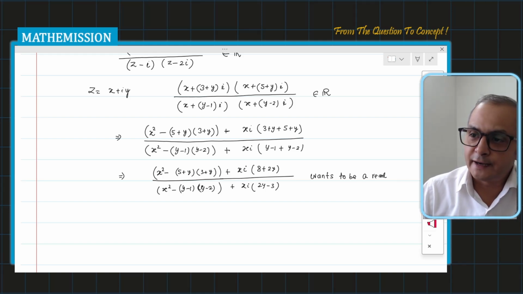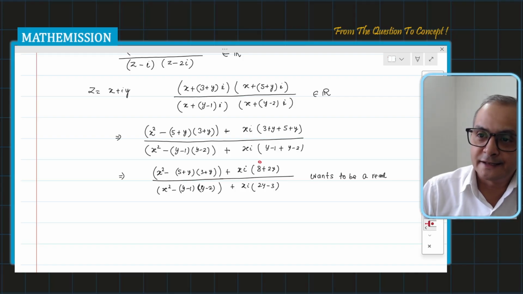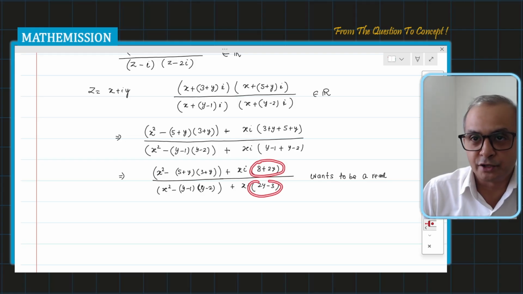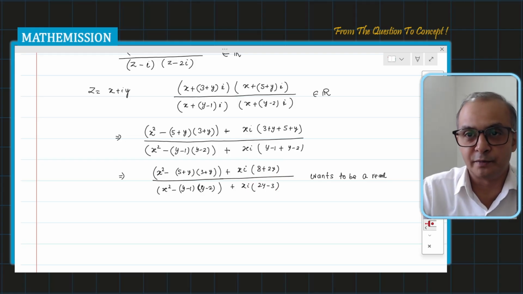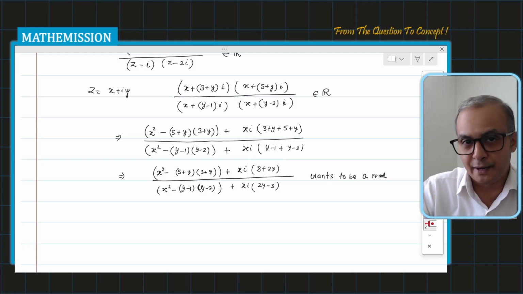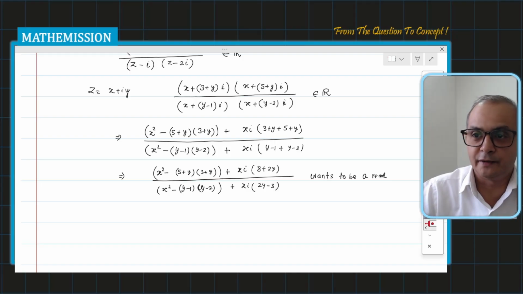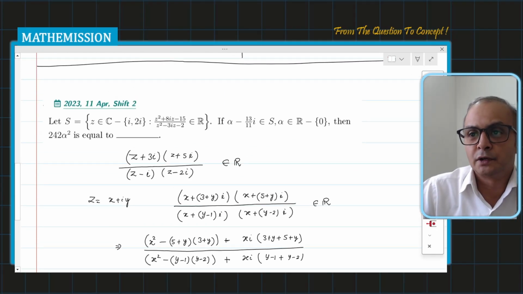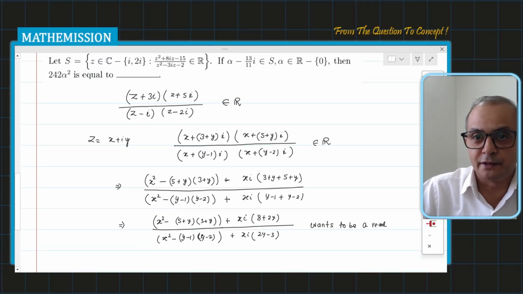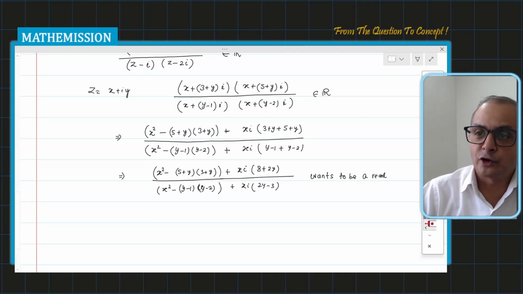You can notice that I could make this thing 0 and this thing 0, but x cannot be 0, otherwise z will be a purely imaginary number. That is not actually allowed: z belongs to the complex numbers and is not purely imaginary. So x cannot be 0.